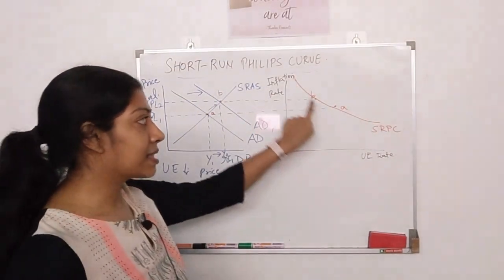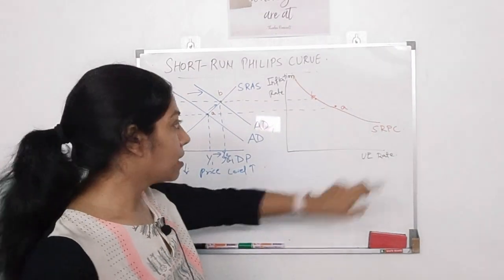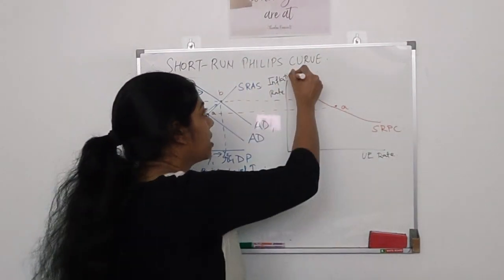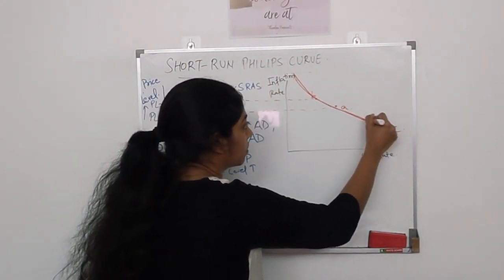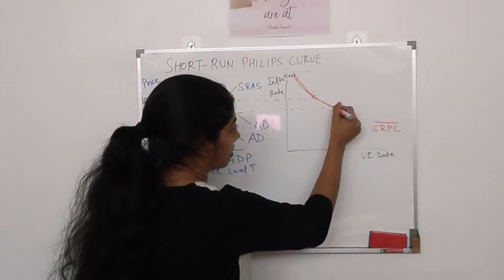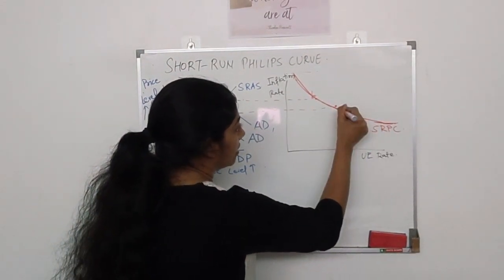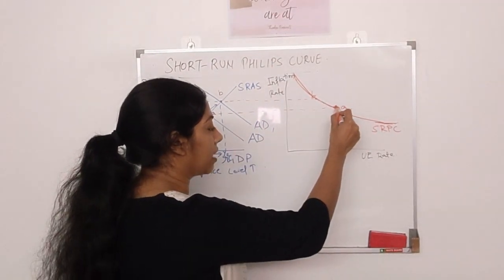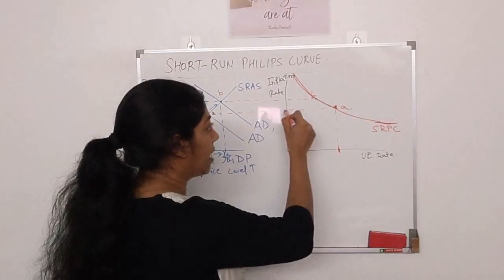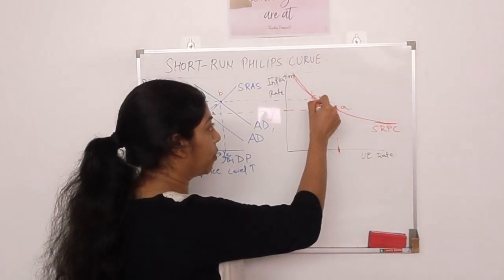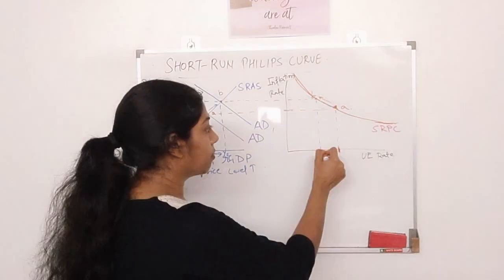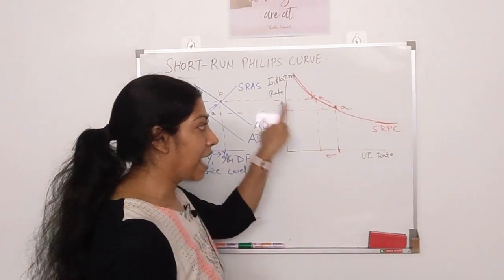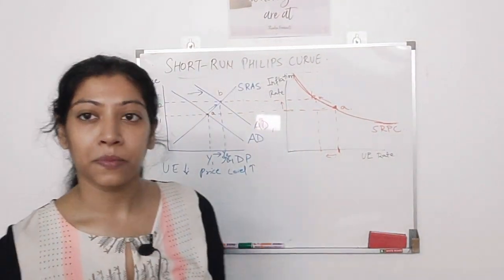It's downward sloping like this, pretty similar to the shape of the aggregate demand curve, although it will be more curved in nature. So you want to draw it like this, just a curve. It shows the relationship between unemployment and inflation because at point A, this is the unemployment rate and this is the inflation rate, whereas at point B, you have a lower unemployment rate but a higher inflation rate. You can clearly see that trade-off happening.